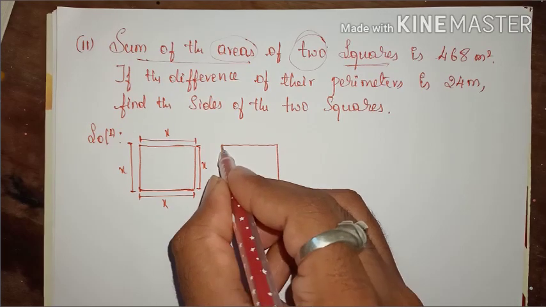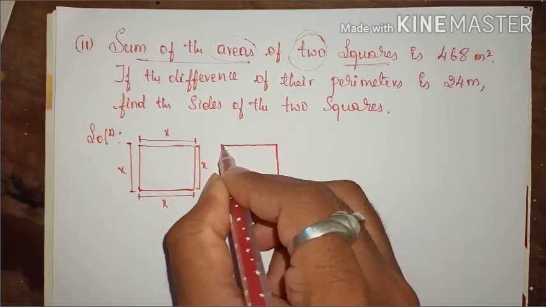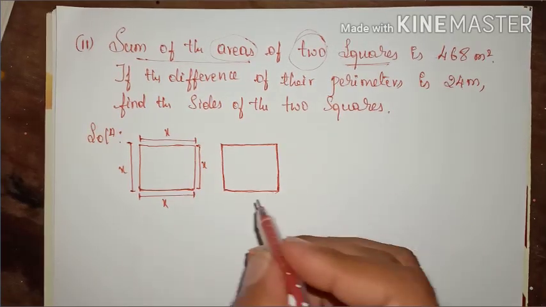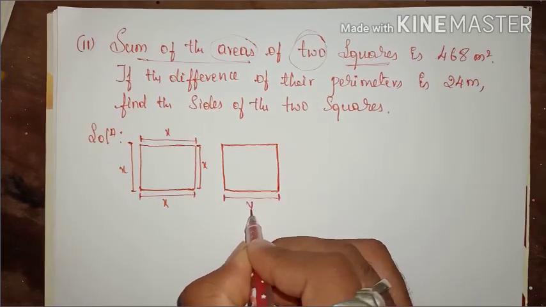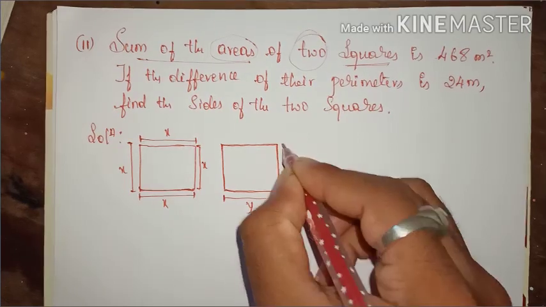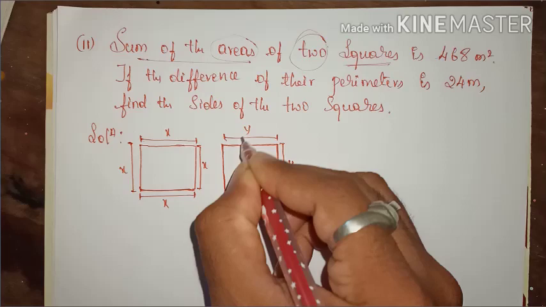Let's go with another square, but he did not mention that both have equal areas or equal sides. So that's why let me take this one as y. One side is y, so definitely all the sides are y itself.